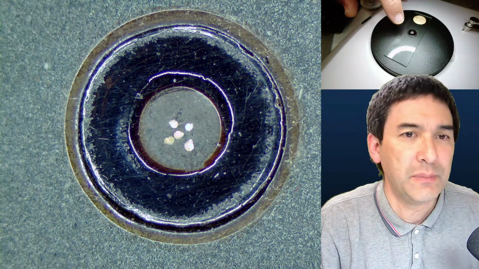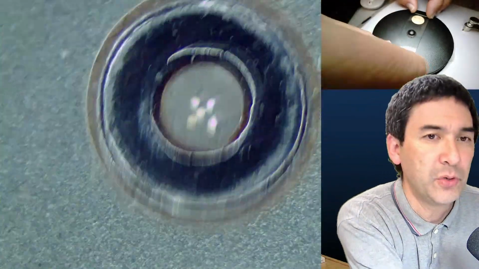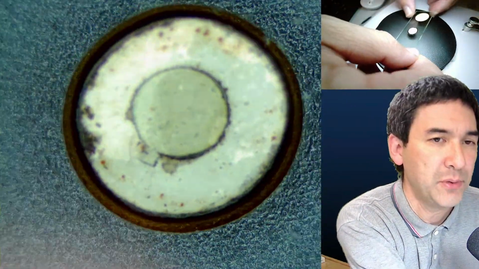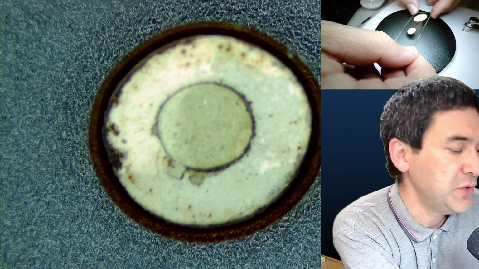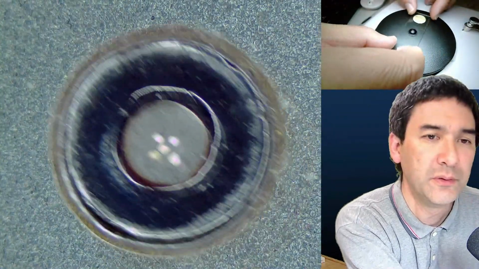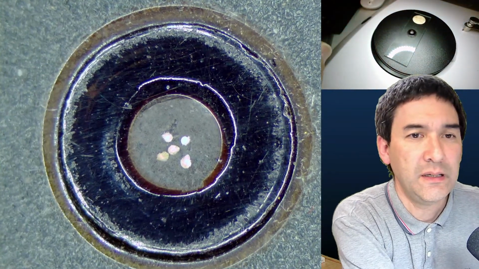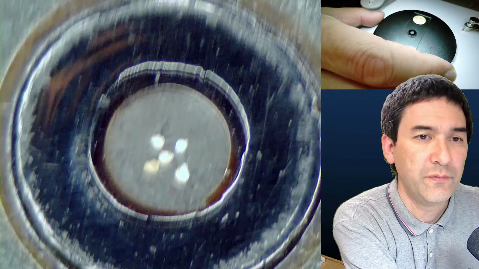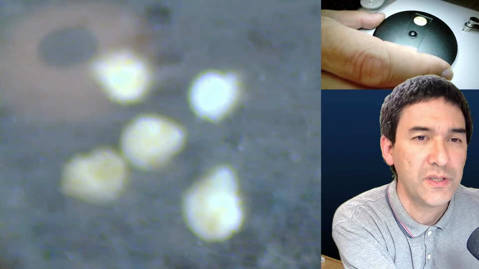There's a black ring on the outside, so it's a ringed slide. If you turn it around, you see that there is paper here, so it is non-transparent. So I have to use the stereo microscope. Let's zoom in and try to figure out what this actually is. It goes a little bit out of focus.